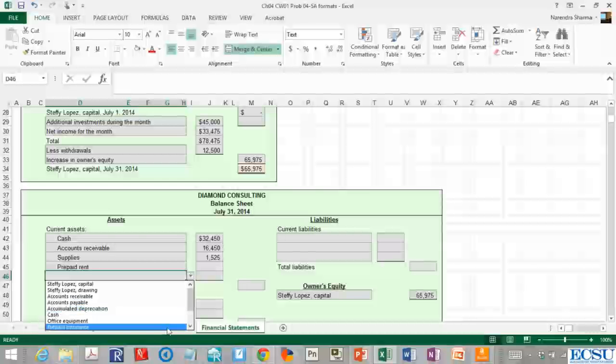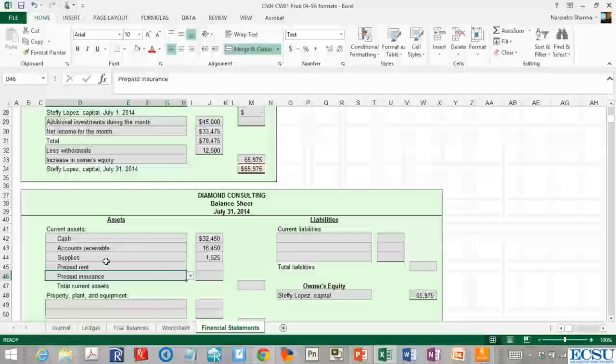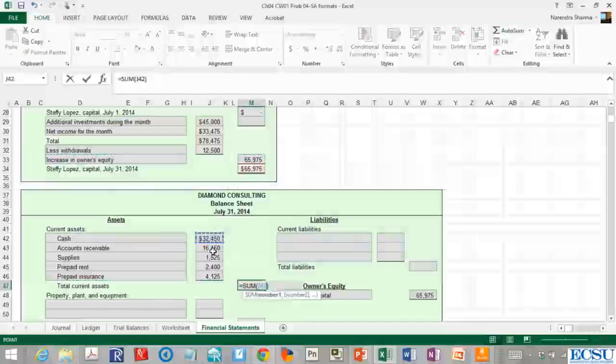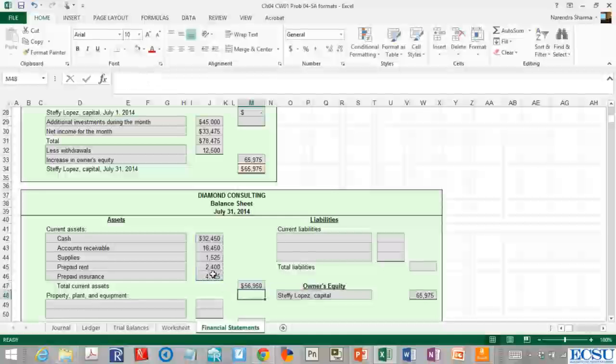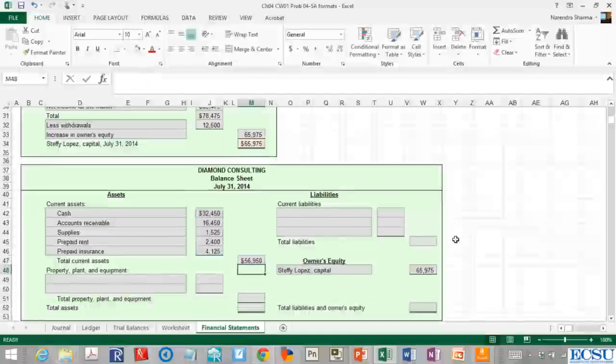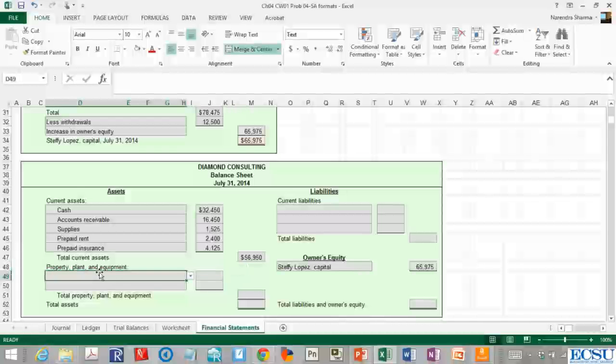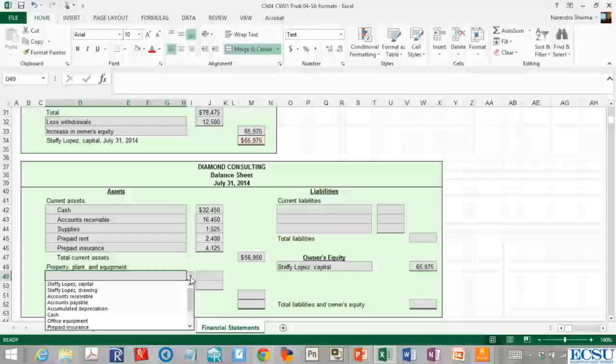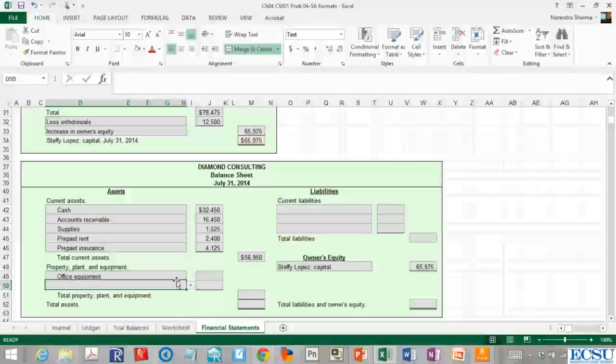There's no order, but prepaids are usually put after the supplies. So the prepaid rent was 2,400 and 4,125. So these are all your current assets, and if you add the current assets, we'll be able to calculate them to be 56,950. Property, plant, and equipment, we have only one, that is the office equipment.